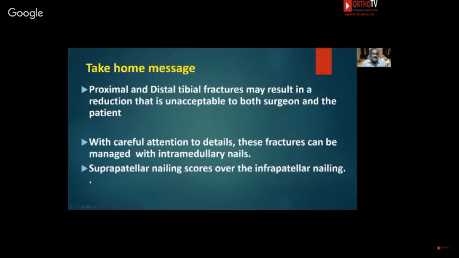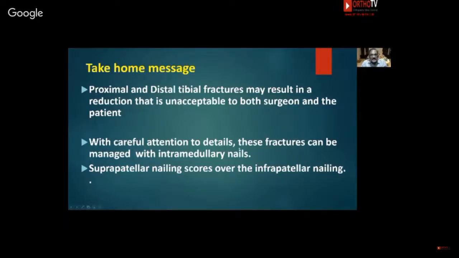So in take-home message, proximal and distal tibial fractures may result in a reduction that is unacceptable to both the surgeon and the patient because of the non-availability of suprapatellar approach nails, and also the method was not described previously with older designs.